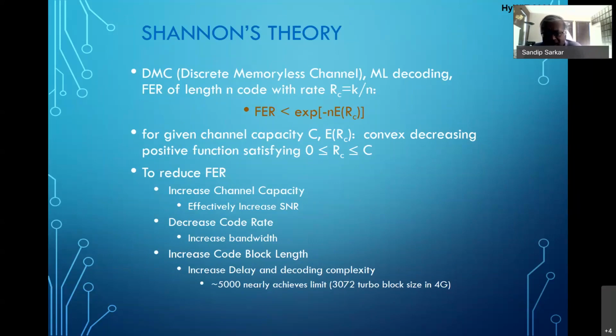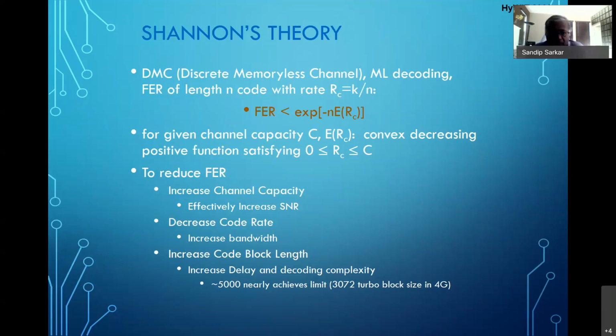This E(R) is a convex decreasing positive function which satisfies that R should be less than C. So from this equation, what can we do? To reduce FER, we can increase channel capacity, which is effectively increasing the SNR. We can decrease the code rate, or increase the bandwidth, or increase code block length, because we have this dependence on this parameter n.